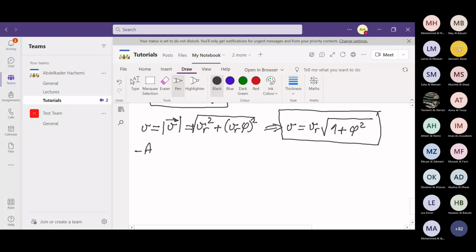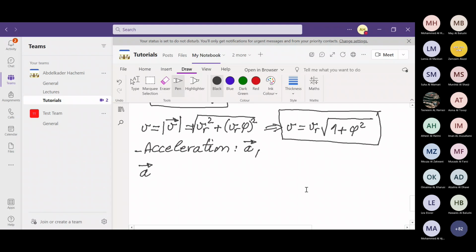By definition, we have acceleration A and also its magnitude, that's what it's asked for.